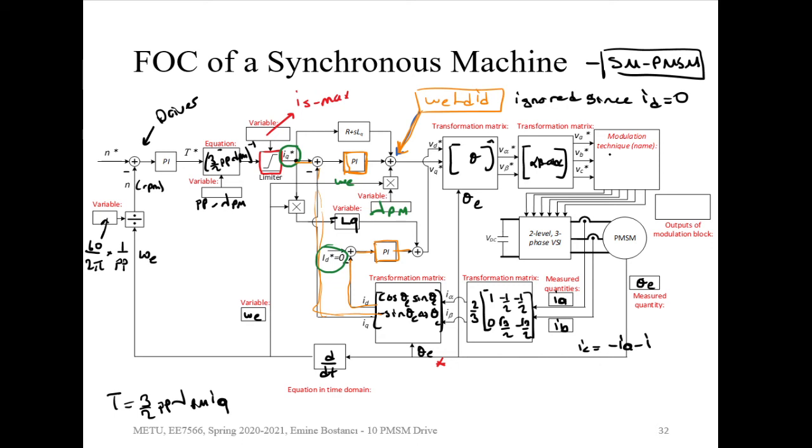If we have three reference values, VA, VB, and VC, it means that it cannot be space vector modulation, so it should be sinusoidal PWM. As an output of sinusoidal PWM, we are going to have the gating signals of the 3-level inverter.